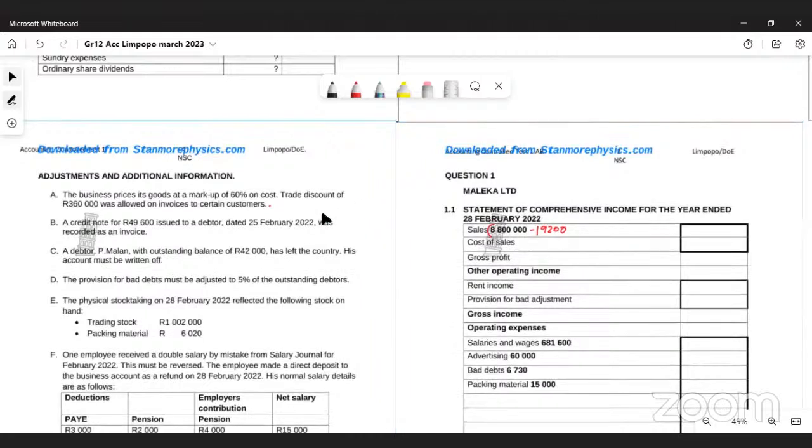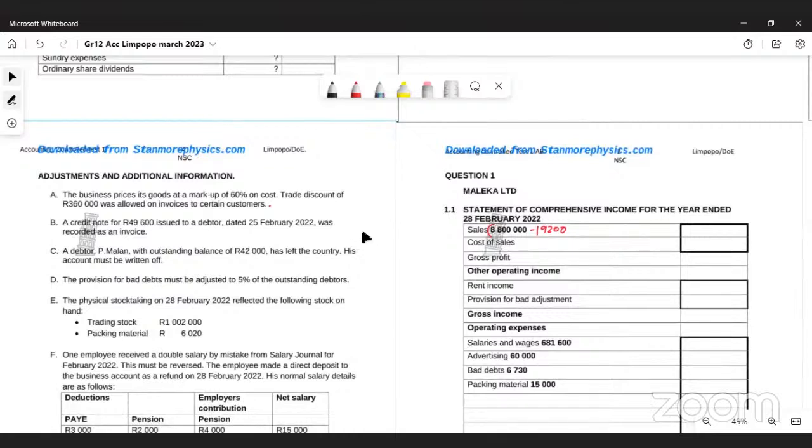Again, we check whether a customer has returned stock to the business. If a customer has returned stock, our sales will decrease, because he is returning the stock that we previously sold. We check for transactions of that nature as well as for errors.